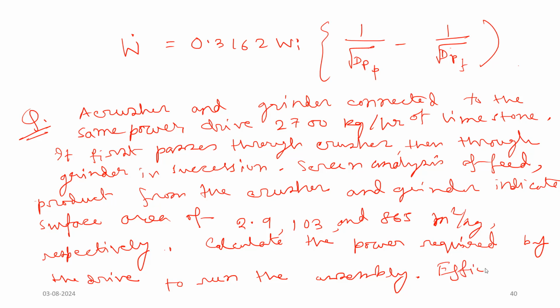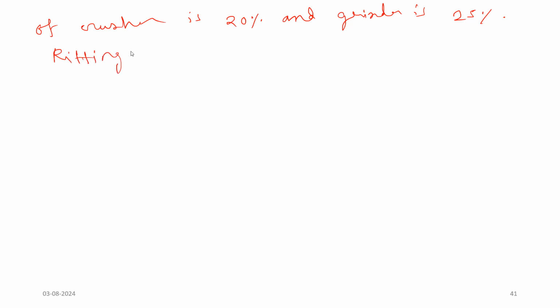Efficiency of the crusher is 20% and grinder is 25%, and it is given Rittinger's number is 77.4 meter square per kg.